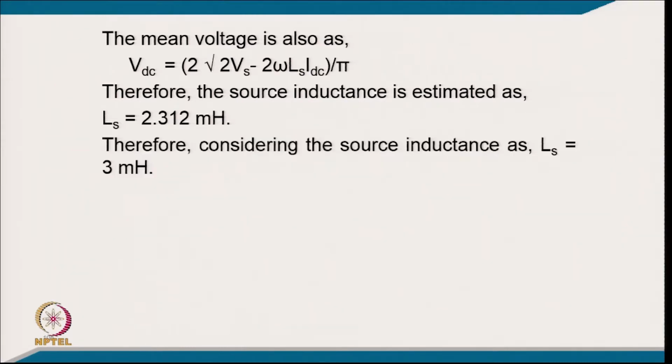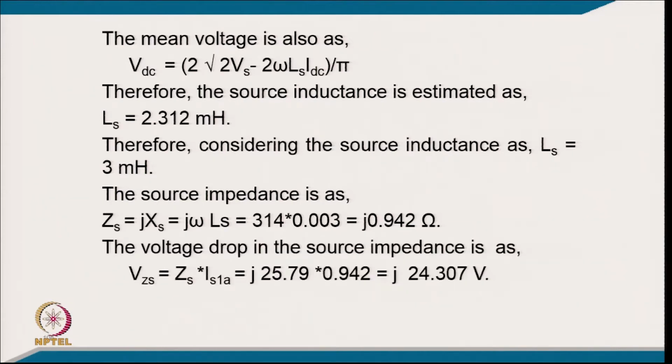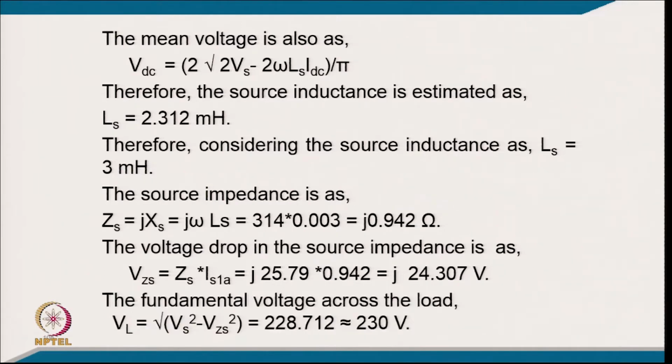Therefore, considering the source inductance as Ls equal to 3 millihenry, the source impedance is calculated as Zs equal to jXs, j omega Ls, so that comes j0.942 ohm, and the voltage drop across the source impedance is Zs IS1A. Keeping the value of both, it comes 24.307 volt, and the fundamental voltage across the load will be the square root of Vs square minus Vz square. So, it comes to 28.712, that is approximately 230 volt.